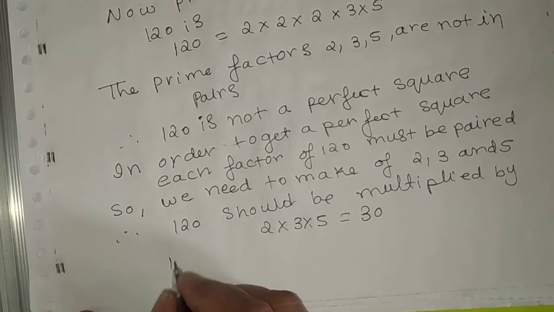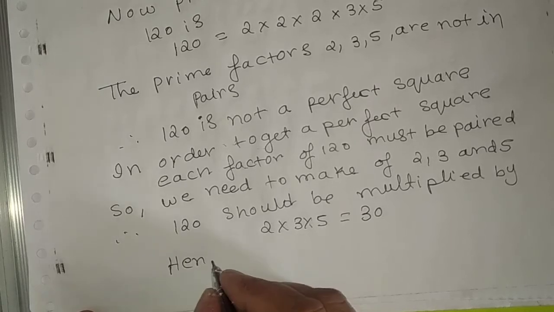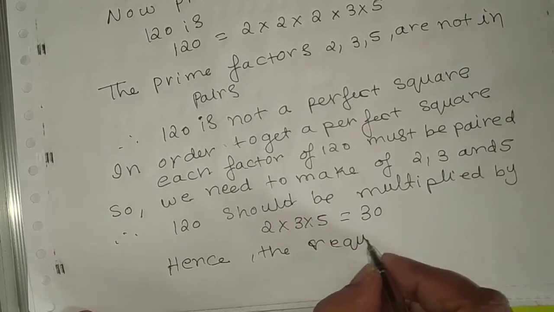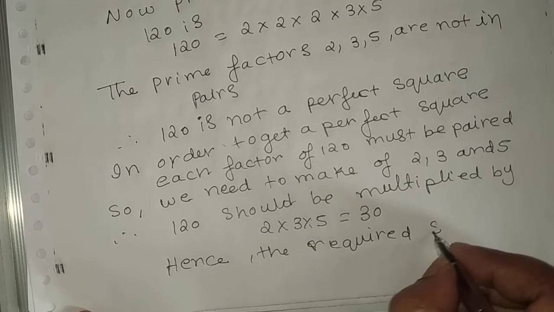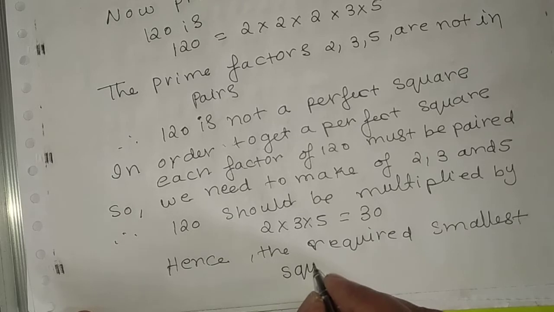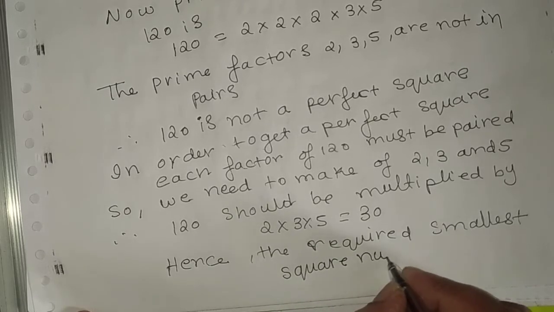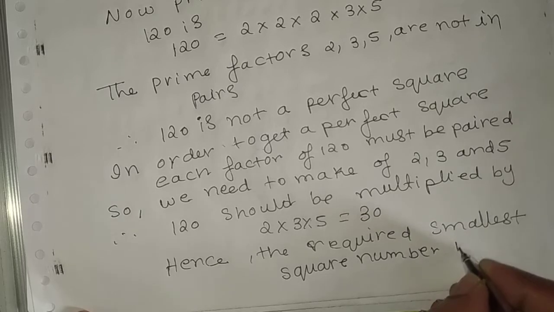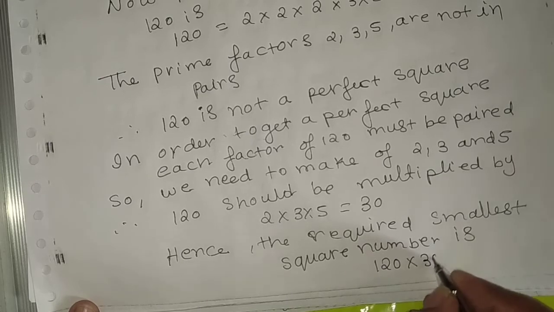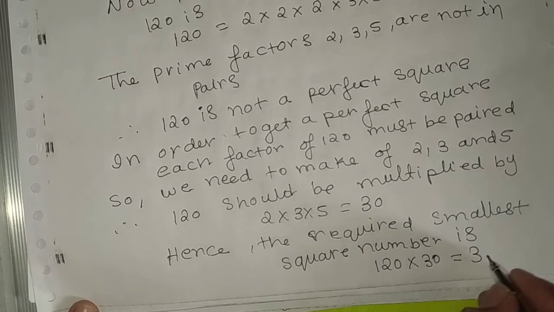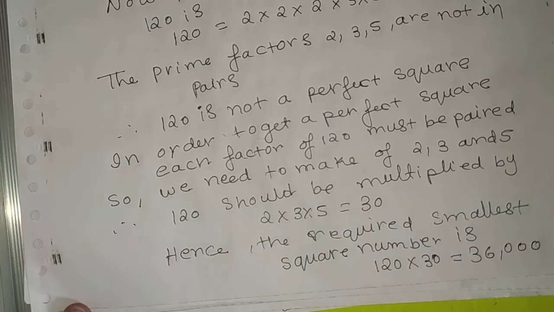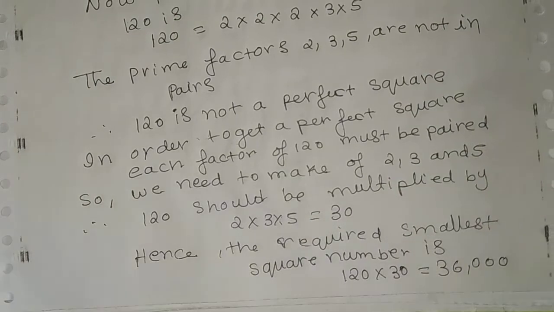Hence the required smallest square number is what we get when we multiply 120 into 30, which is equal to how much? That is 3600. So this is the solution for this 10th problem.